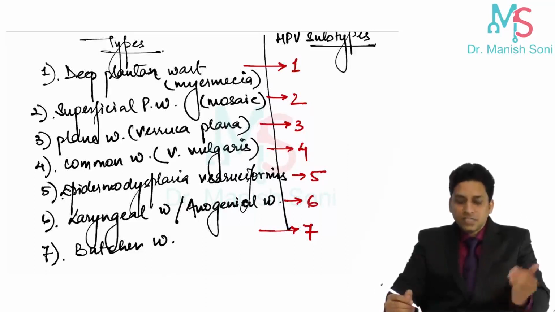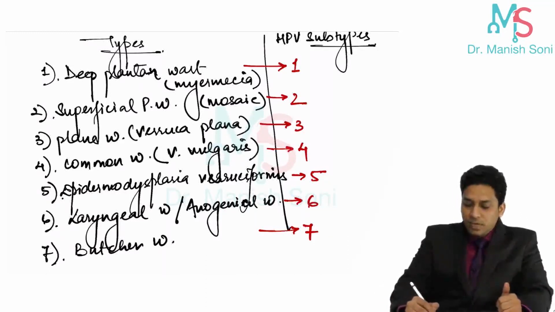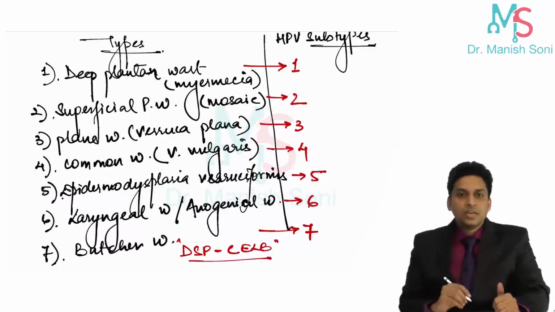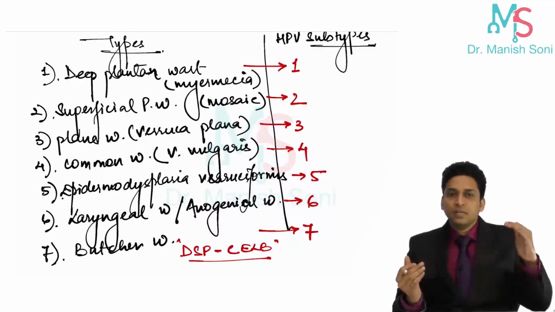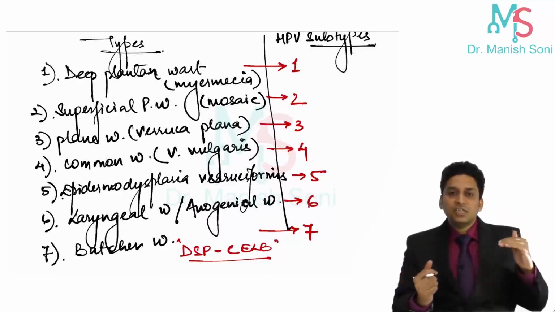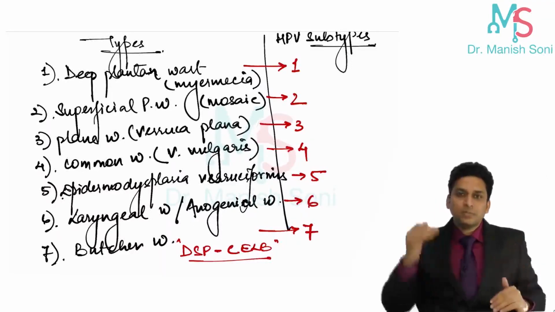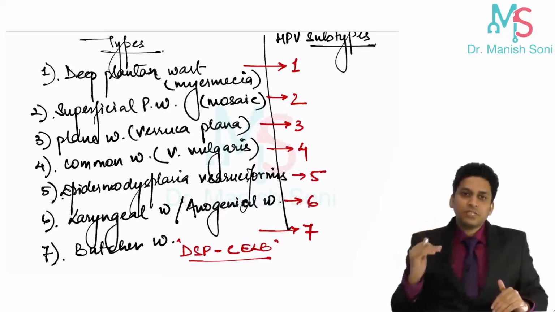To remember this sequence, let us make one simple mnemonic, and the mnemonic is DSP SLEB. Let us consider that the DSP of your area is working so nicely that he has become a celebrity now. So DSP SLEB. So deep, superficial, plain, common, epidermodysplasia, laryngeal wart and butcher wart are caused by HPV subtypes 1, 2, 3, 4, 5, 6, 7.